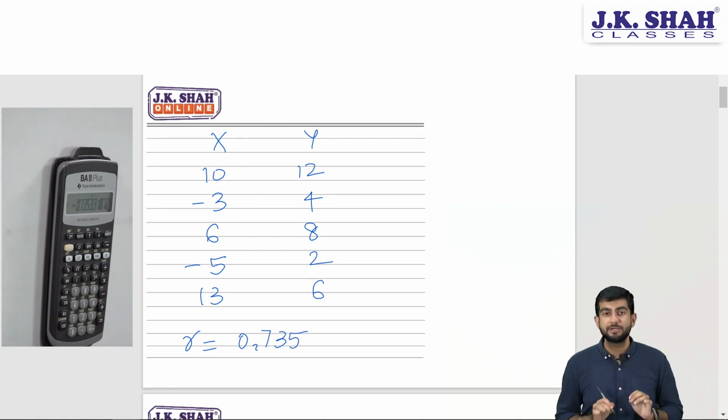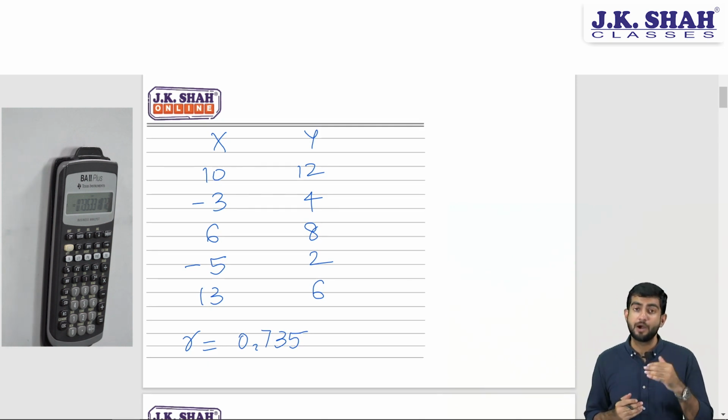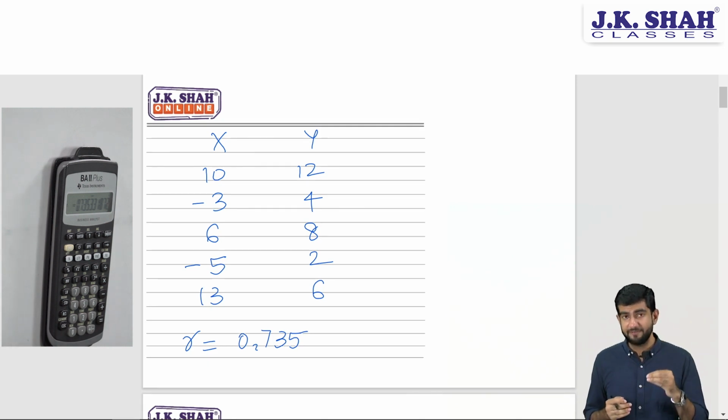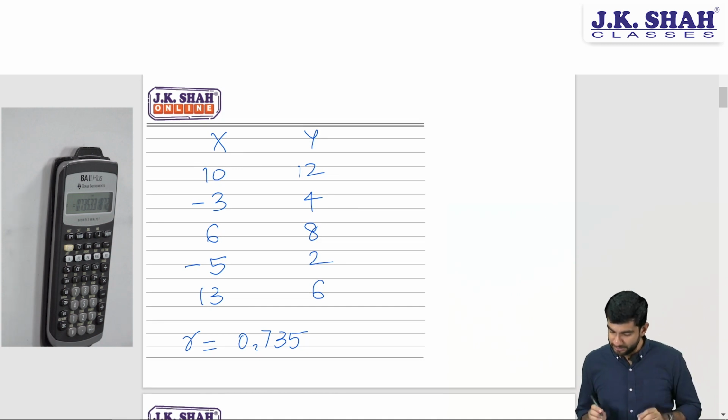If they ask you in the question to find out the covariance between X and Y, how to do that? Now unfortunately we don't have any calculator shortcut which directly tells us the covariance value. So see how to calculate the covariance.